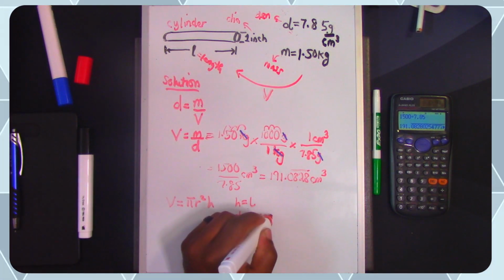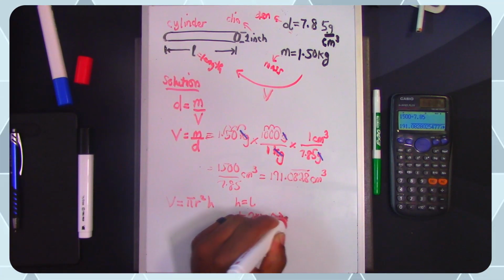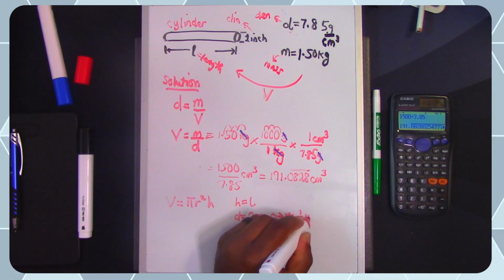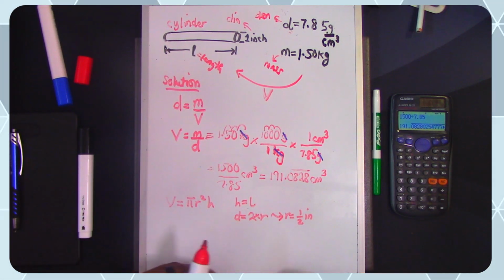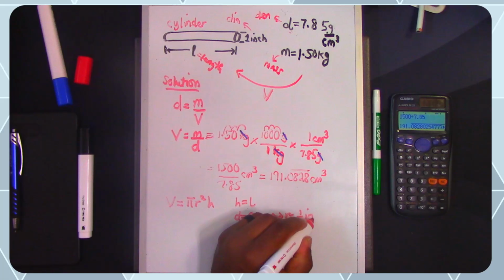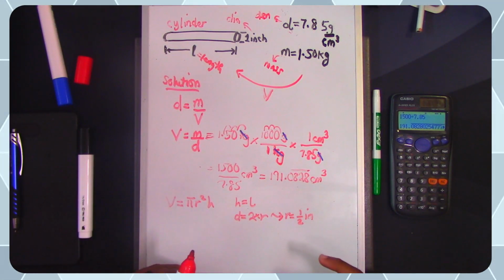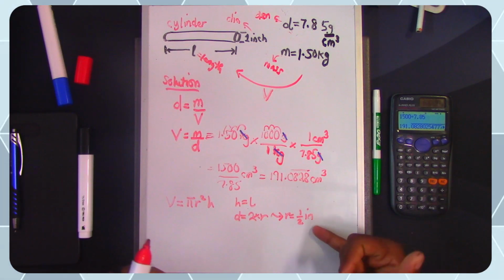We are going to convert it to the radius, and the radius here is equal to 1 over 2 inch, or half an inch. And once we have this highlighted, take note also that we have a disagreement between the centimeter and that of the inch.